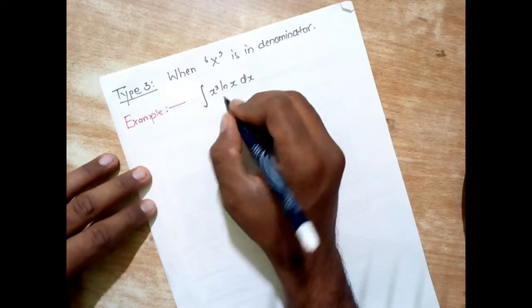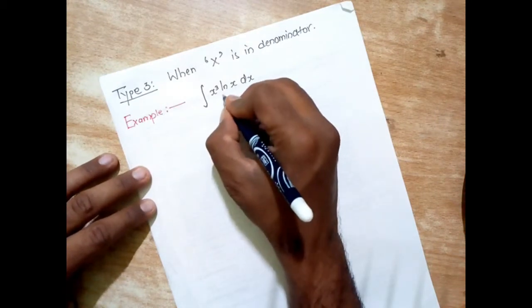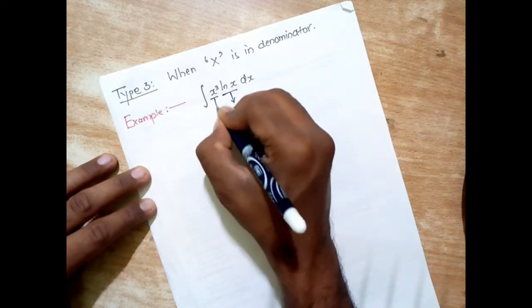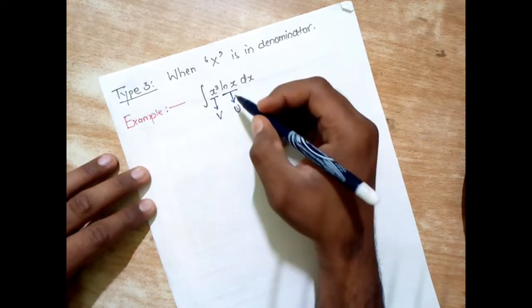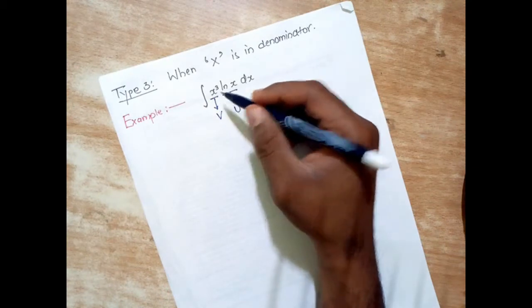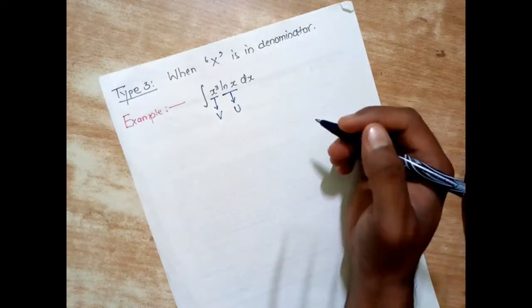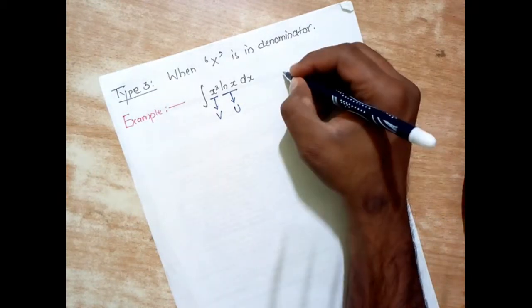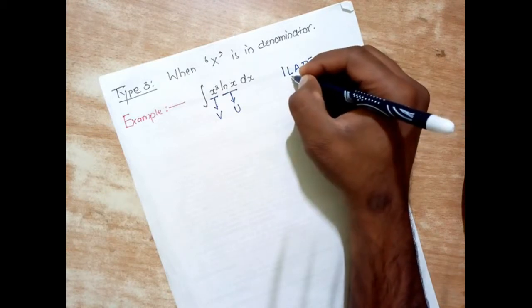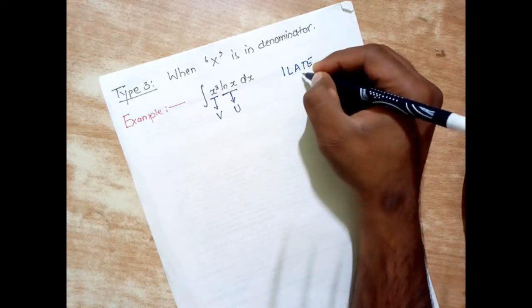So this time, I'll consider natural log of x as u and x cubed as v, because it's easy to differentiate natural log than to differentiate x cubed. Also, this follows the rule of ILATE, where logarithm comes before algebra.